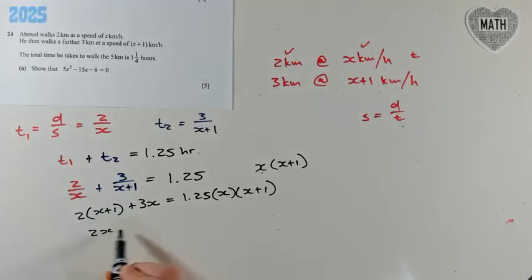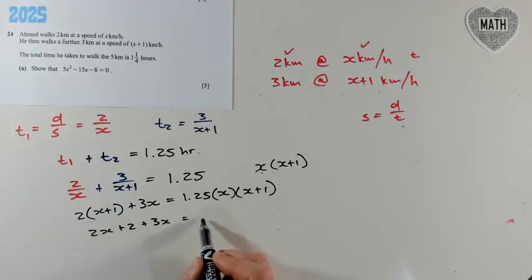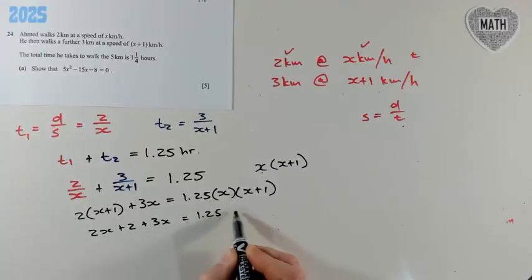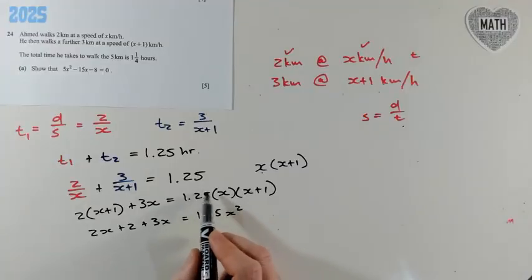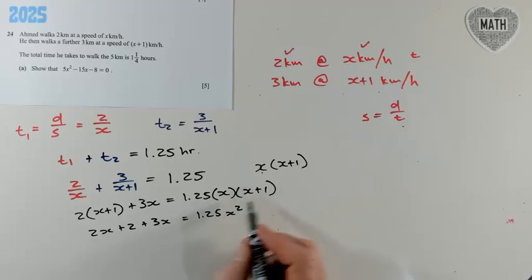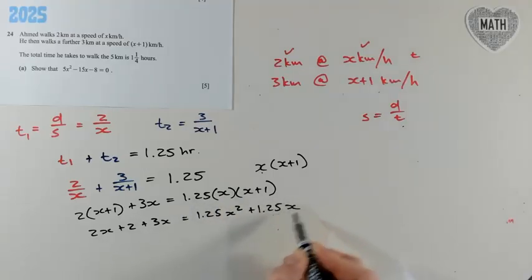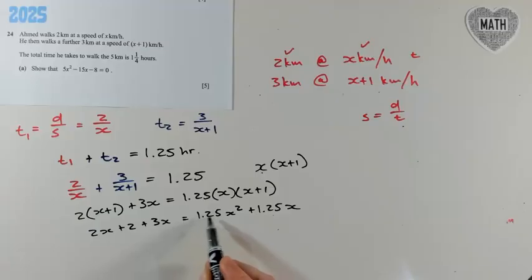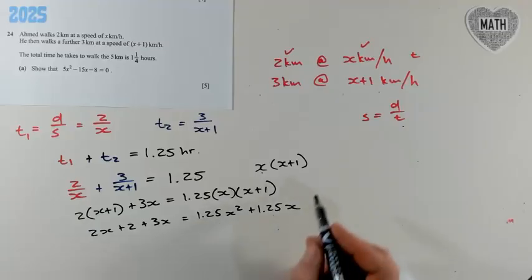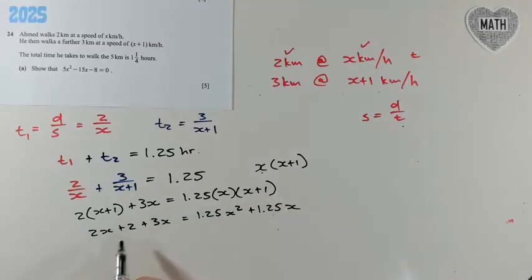And we'll have 2X plus 2 plus 3X is equal to 1.25X squared, because it's 1.25X times this, and then also plus 1.25X. Now, I don't really like this 0.25 thing, so I'm going to multiply everything by 4 straight through.